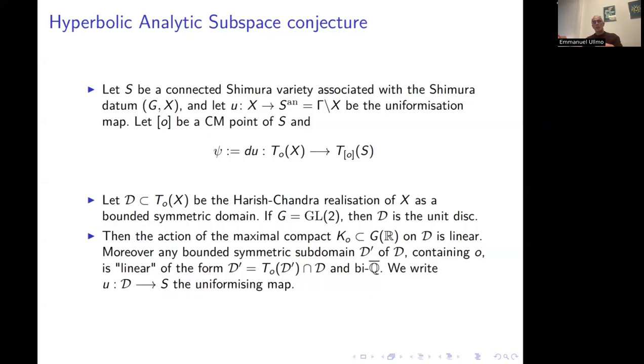Somehow at the level of the Shimura variety, it's very complicated to understand what a sub-Shimura variety is. But at the level of bounded symmetric domains, it's just a linear situation. So things are much easier when you work at this level.